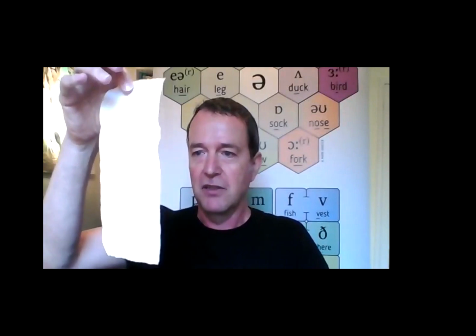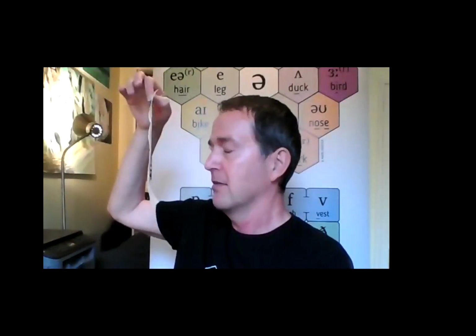So you can demonstrate it like this. Pen. So clearly there's a puff of air from the mouth moving the paper, whereas in ben, hardly anything.